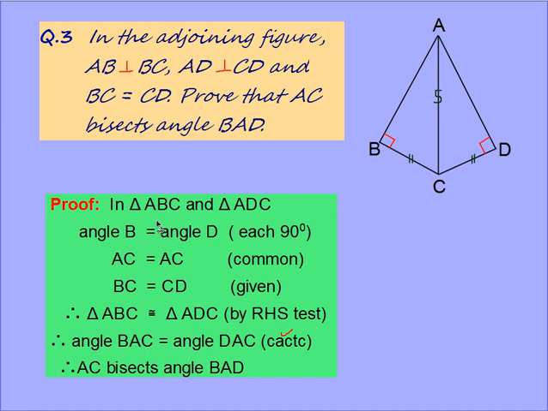So it's easy. In the two triangles, I have taken each angle 90 degrees, one common side and one given side, RHS. And then they are expecting, prove that AC bisects angle BAD, which means they are expecting these two angles to be equal. So these two angles we have to prove equal.